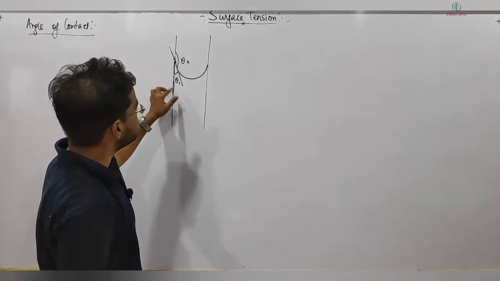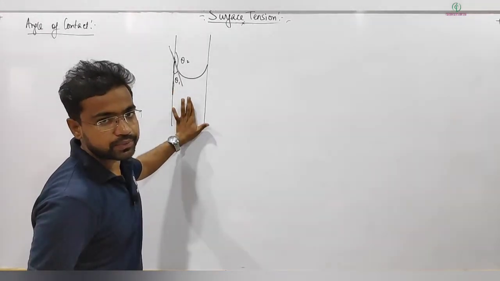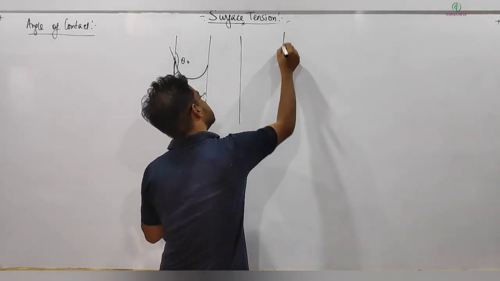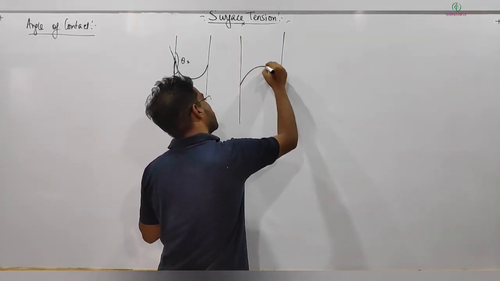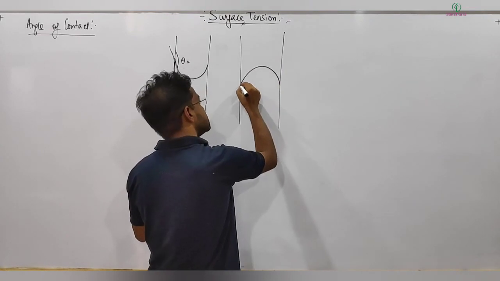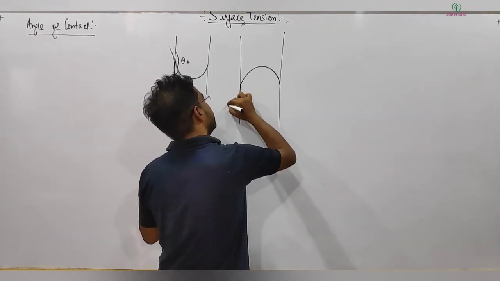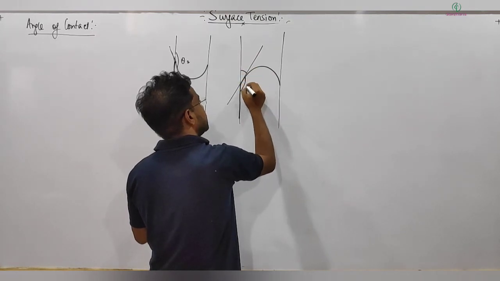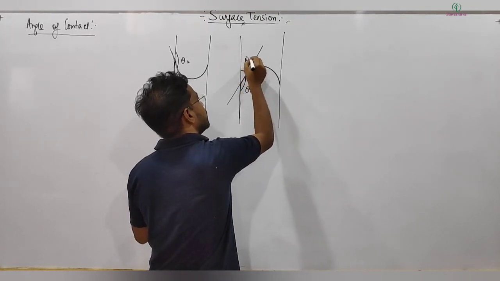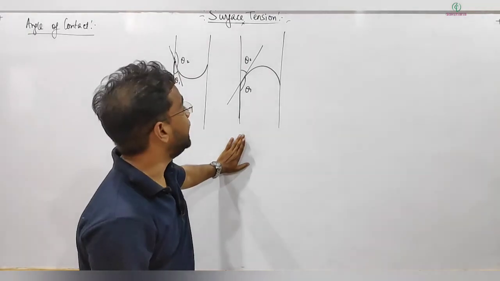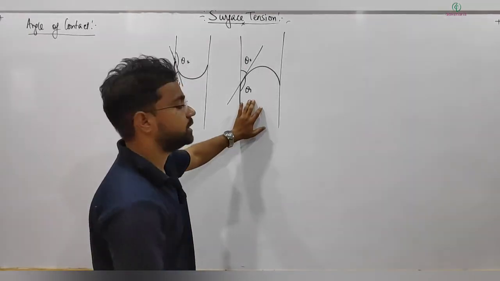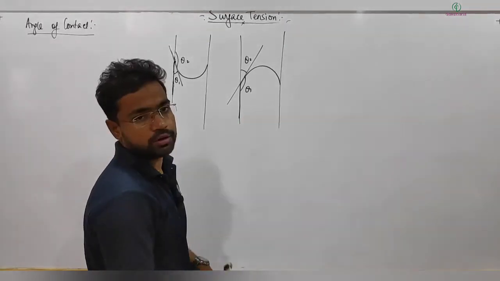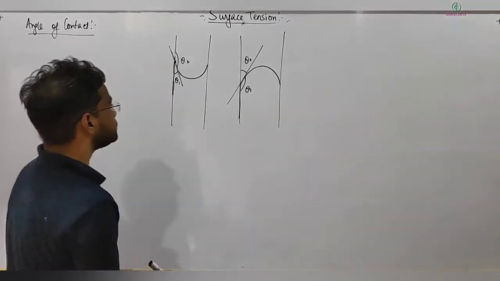So the angle which is lying inside the liquid is termed as angle of contact. Similarly, in this case, if the meniscus is convex upward, then this is the wall of the container and the tangent to the free surface is this, then this will be theta 1 and theta 2. So the angle which is lying inside the liquid is which one? Theta 1. So theta 1 is called the angle of contact, is it?